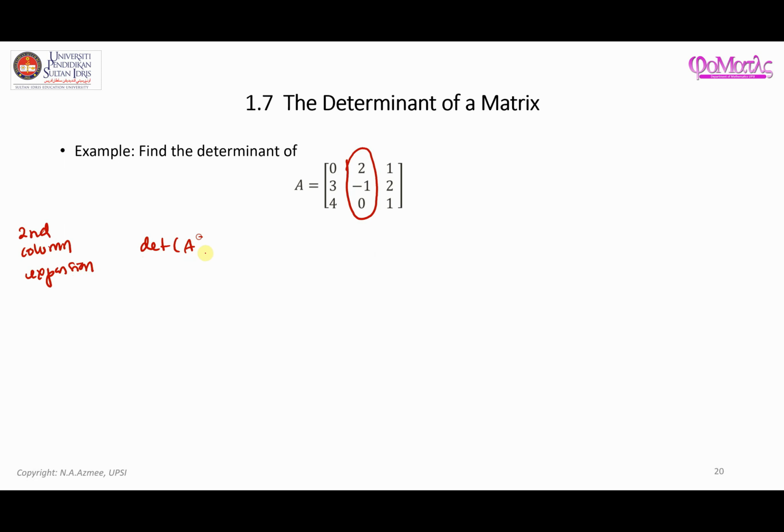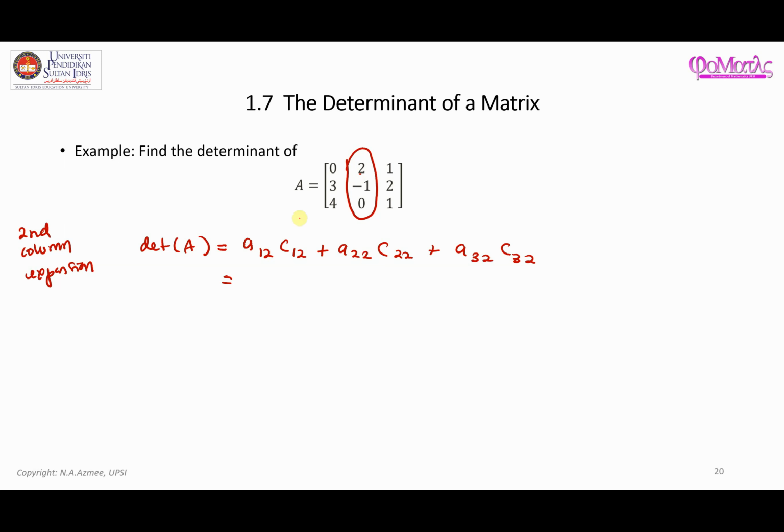the determinant of matrix A can be written as A12 C12 plus A22 C22 plus A32 C32.